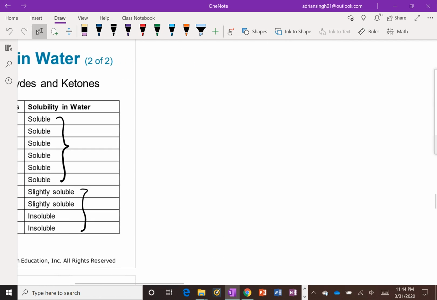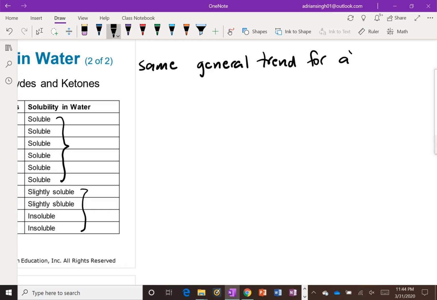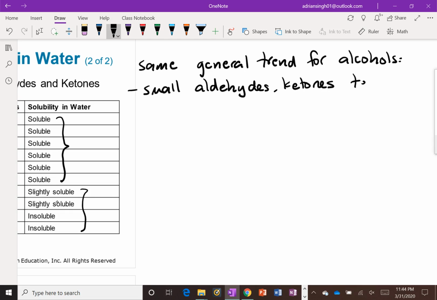All right, and that's the same general trend for the alcohols that we saw previously. Okay, so small aldehydes and ketones tend to be water soluble.